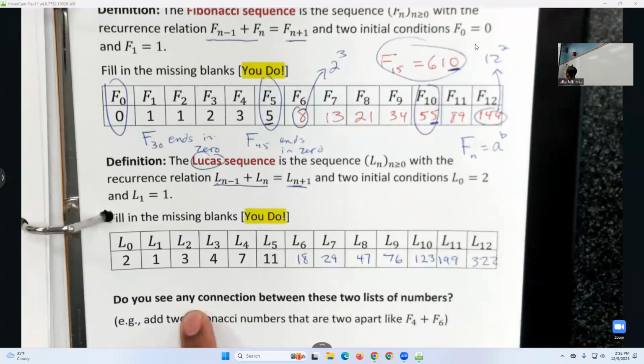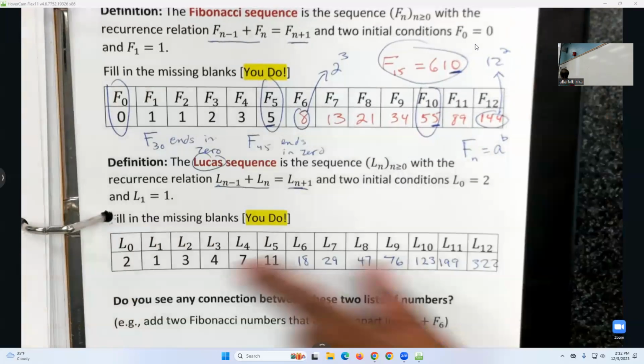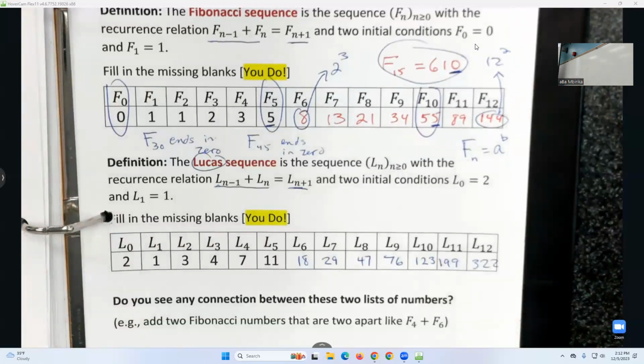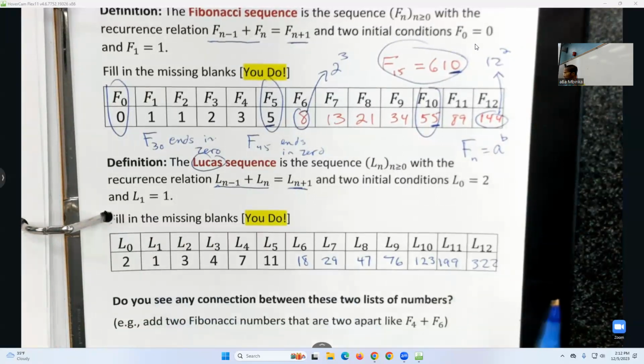Do we see any connections between these two lists of numbers? Let's see. Do they overlap anywhere? That's actually a good question. None of those 13 numbers above in Fibonacci are equal to any of these numbers. So you might ask yourself, is a Fibonacci number ever equal to a Lucas number?